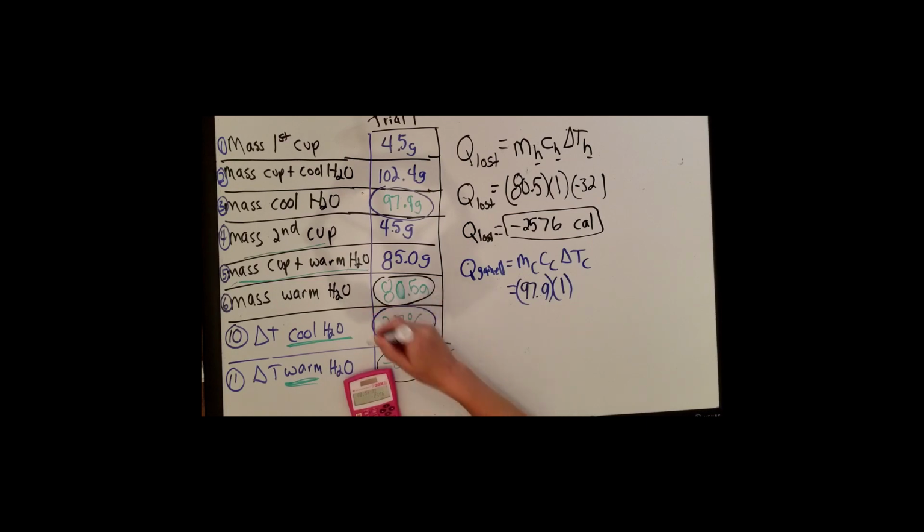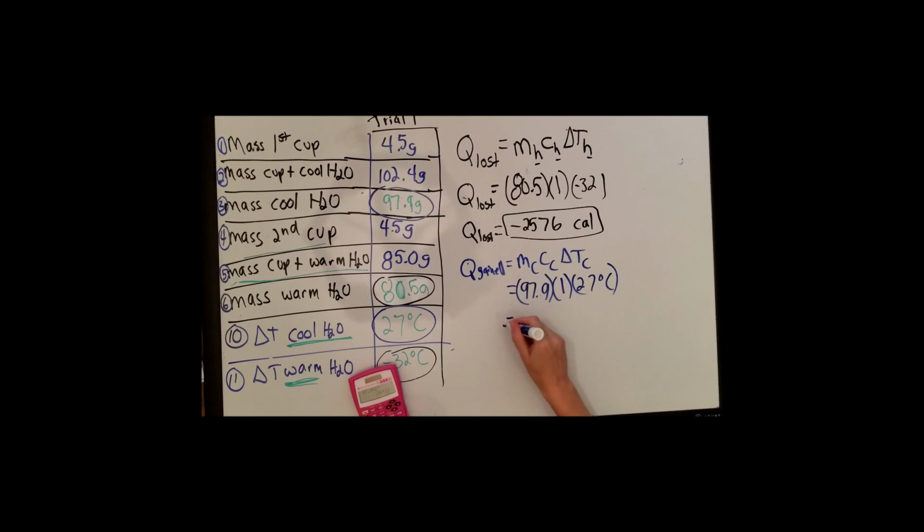That's going to be that 27 degrees Celsius. All right, so let's calculate this out and see if heat energy was conserved. And we get this time a positive number because the energy was gained, but it is 2643. Units on it are calories.